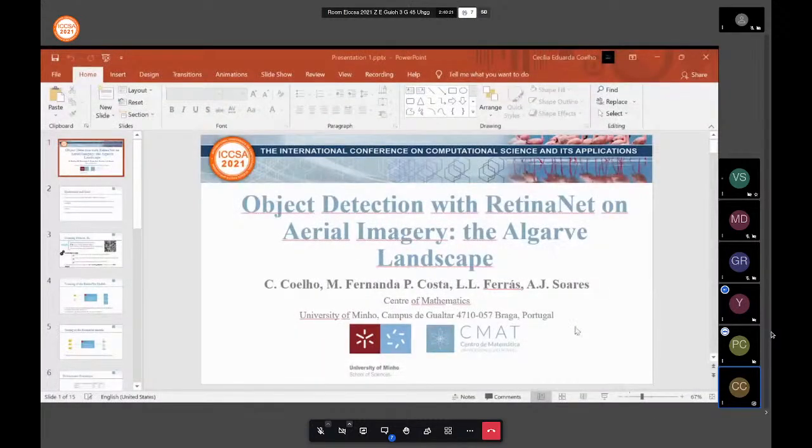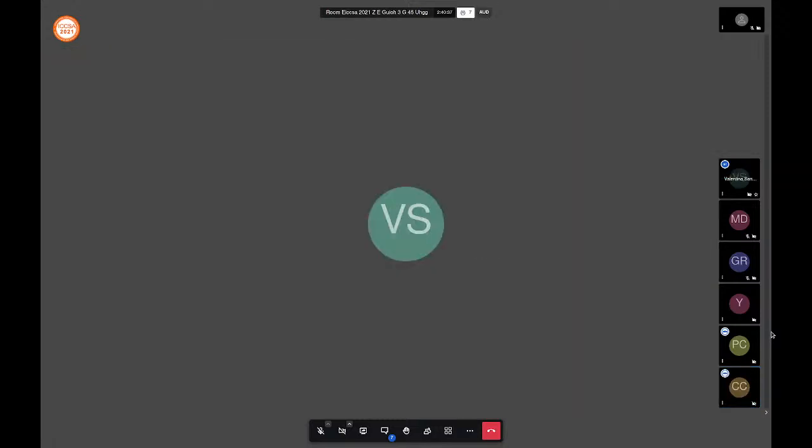Can you see it? Yes, it is okay. Object Detection with RetinaNet on Aerial Imagery. Okay, perfect. I can see. Thank you, Cecilia.